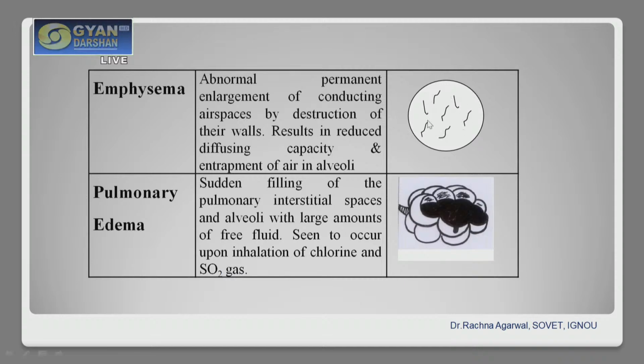So in emphysema, there is permanent enlargement of the airspace, and the functioning or the exchangeable surface area is reduced. But in pulmonary edema, you can see each and every alveoli gets filled with mucus. So here the expelling of the mucus is very important.